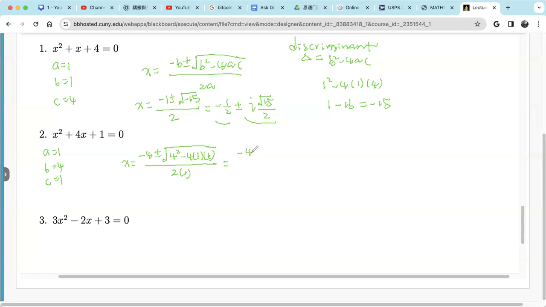We can calculate the discriminant on the side. 4 squared is 16, 16 minus 4 times 1 times 1, which is just 4. So we get 12.